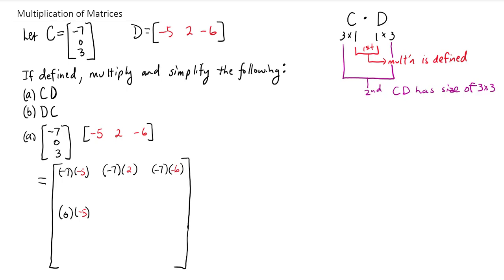Okay, so there's definitely a pattern going on. Once you get the hang of this, it's not so bad. So in order to get the 2, 2 position of the matrix C times D, we need the second row of matrix C and then the second column of matrix D. The second column would have a 2.